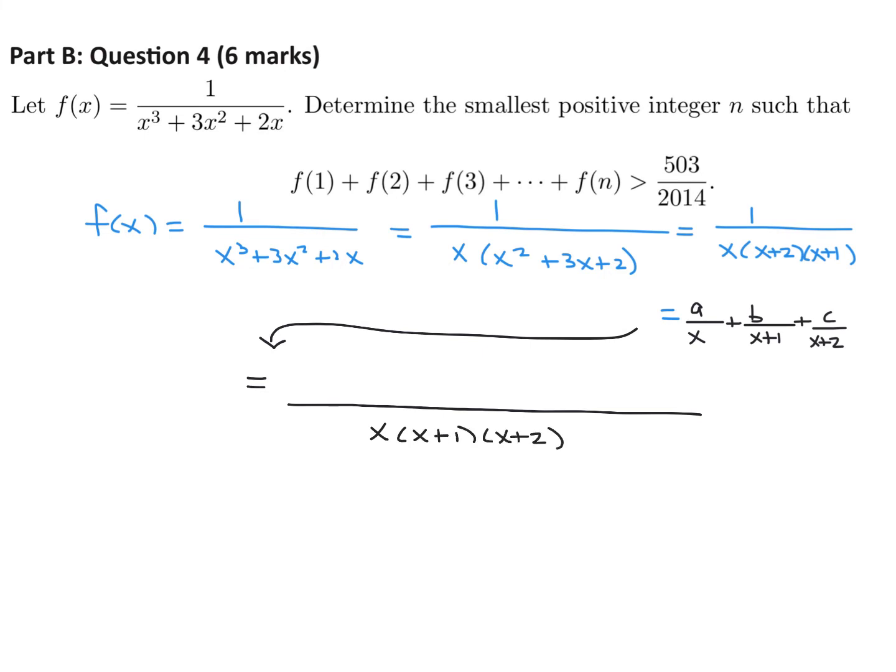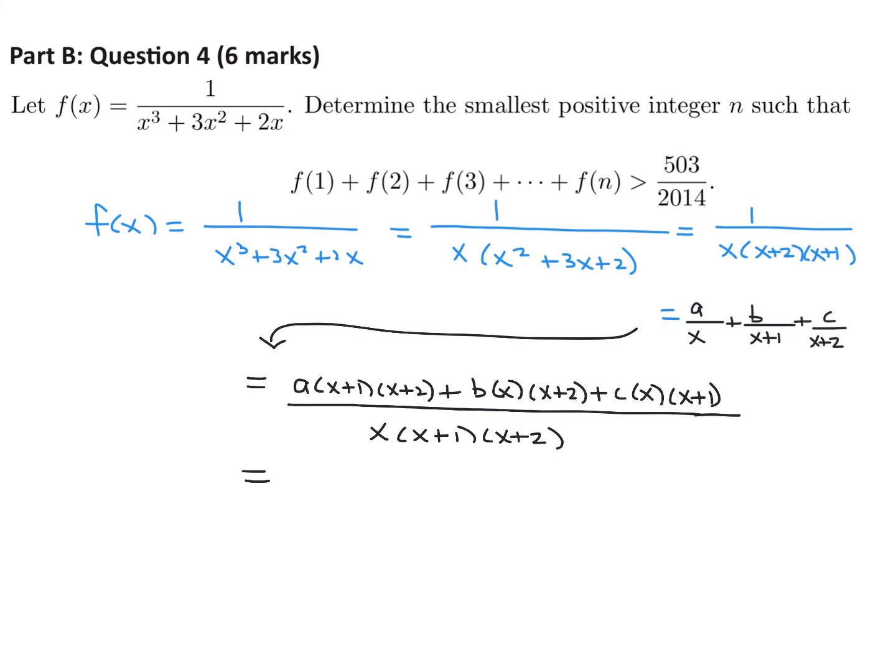Now I've got to do the top. That's going to be a times (x + 1)(x + 2), and then b times x(x + 2), and then c times x(x + 1). All right. Now we will expand this and collect like terms.